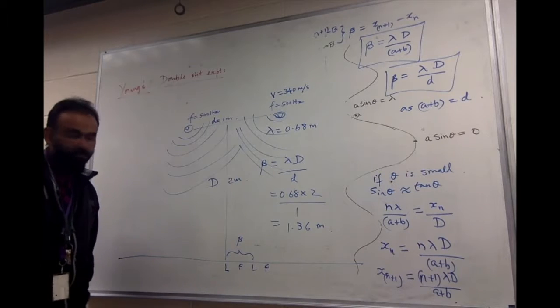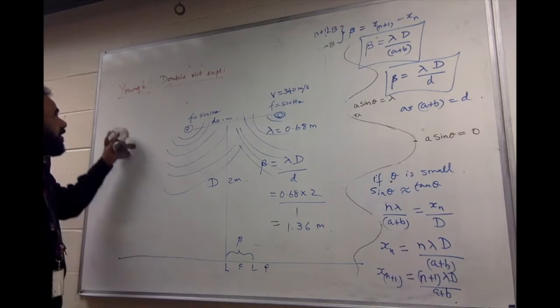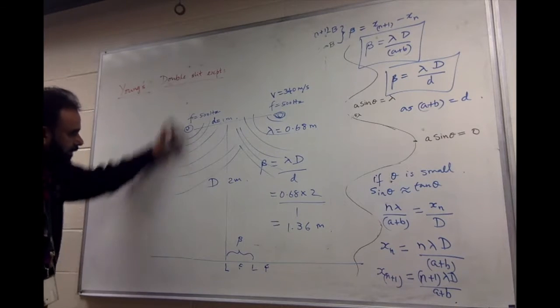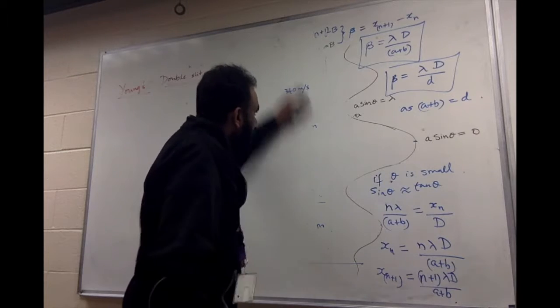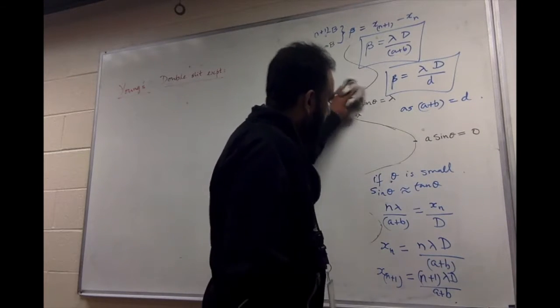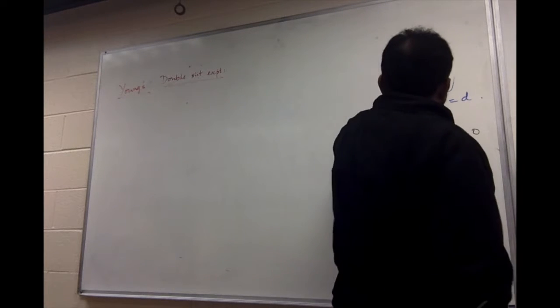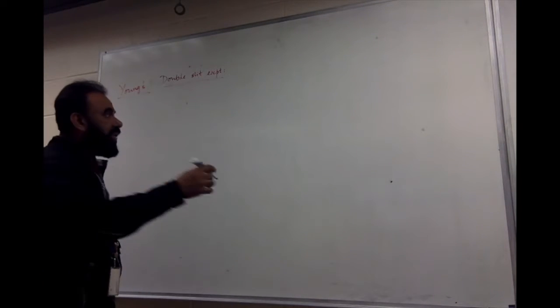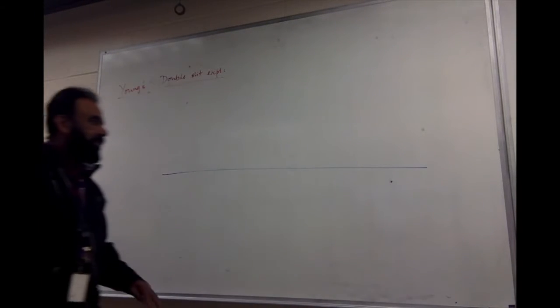All right, so when you use a double slit, what are you going to see on the screen is what I'm going to explain right now. When you use double slits, what will you see on the screen? You will see intensity variations on the screen like this. So that's your screen and that's the bottom line.